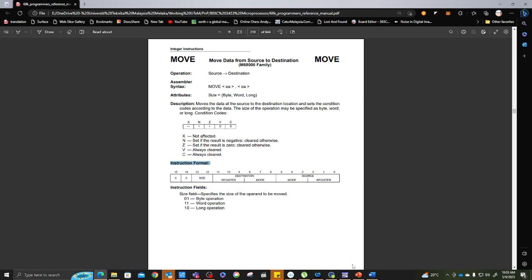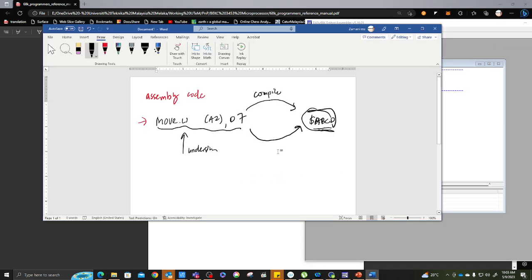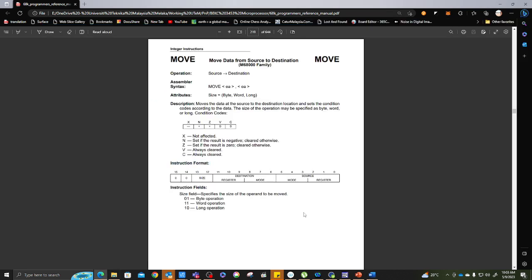Looking at the format, the first two bits, the MSB, the most significant bits, 15 and 14, are always 0, 0. You need to put all this information in to generate your instruction code.